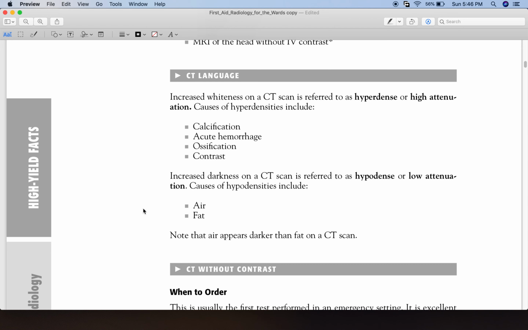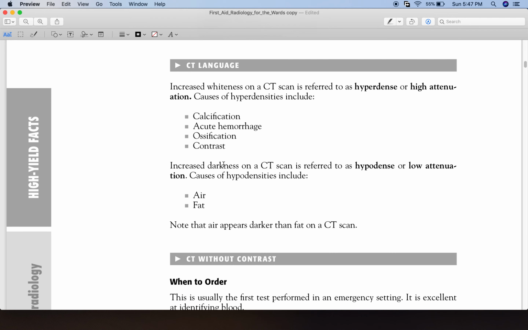Increased whiteness on a CT scan is referred to as hyperdense or high attenuation. Causes of hyperdensities include the following: calcification, acute hemorrhage, ossification, or contrast. Okay, so these are going to look hyperdense.